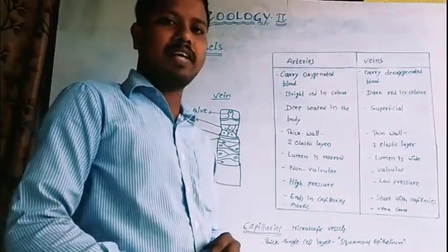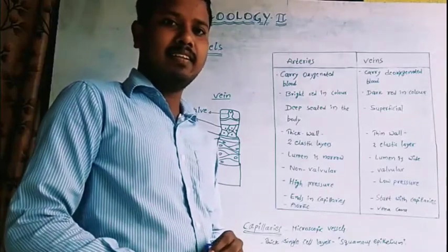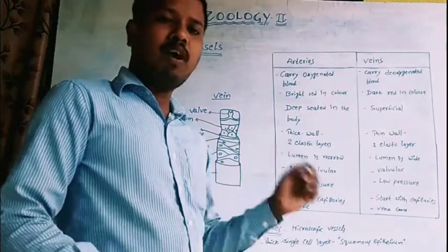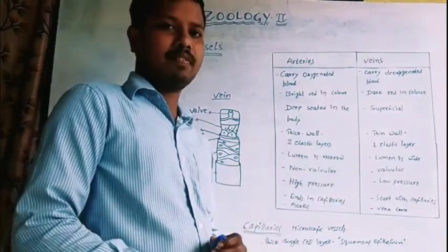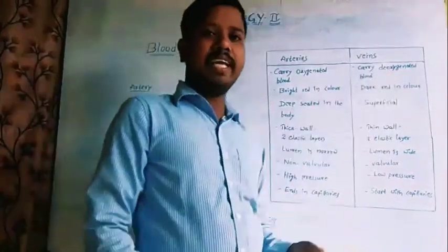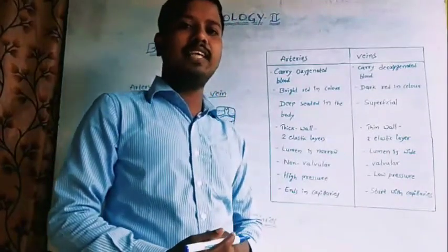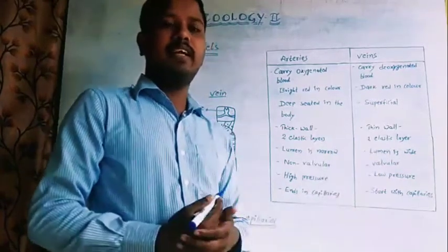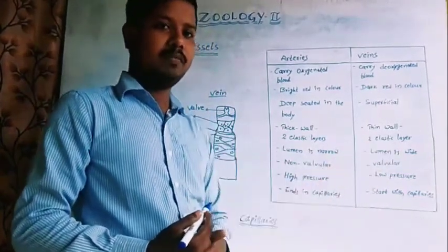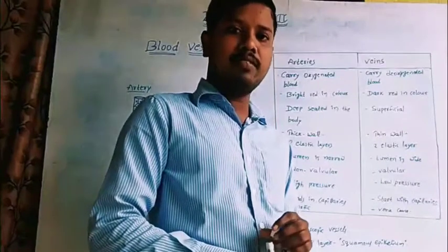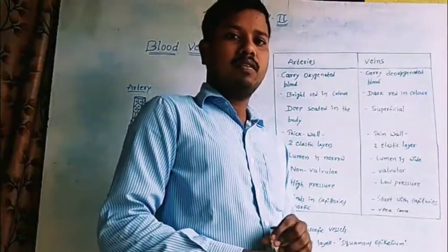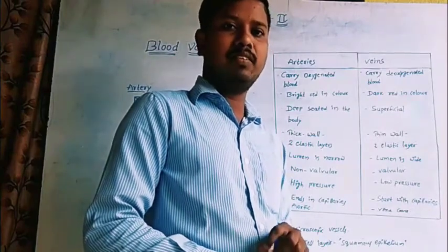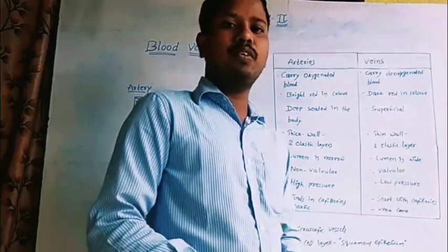Pulmonary arteries carry deoxygenated blood from the heart to the lungs. Veins carry deoxygenated blood from various tissues and body parts to the heart. Pulmonary veins carry oxygenated blood from the lungs to the heart.